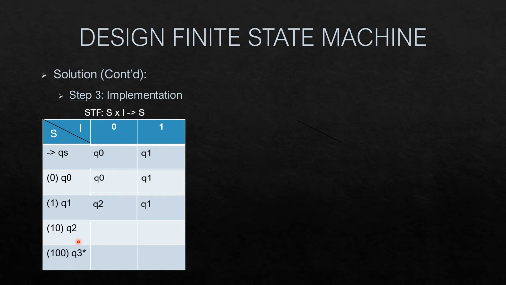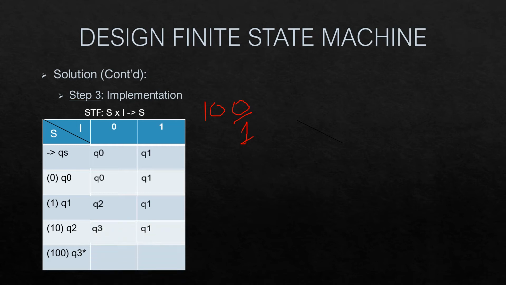Now once I have reached Q2 state, that means I had previously scanned 1 0 as the input. Next input I am getting is a 0 or a 1. If 0, it becomes 1 0 0, so I will transit to Q3 state, and 1 0 1 ends in 1, so I transit to Q1 state.